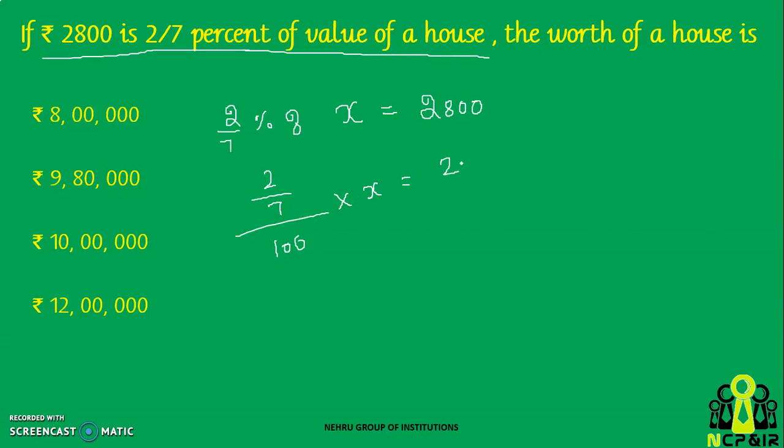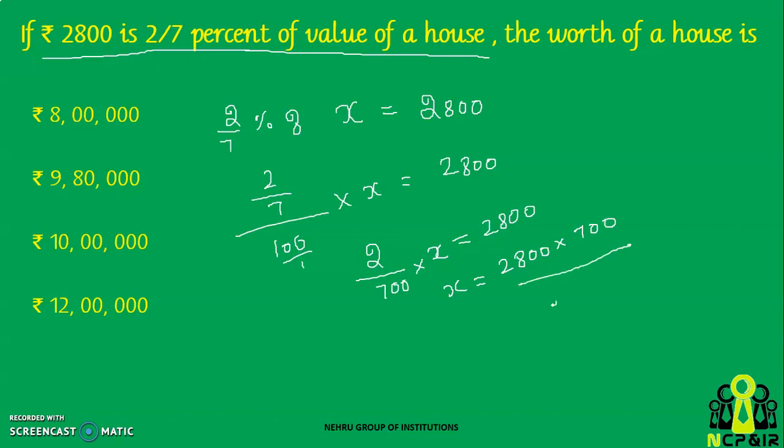equal to 2800. So this 100 by 1, when it goes to the numerator, it will become 2 by 700 into x will be equal to 2800. So x will be 2800 into 700 divided by 2. So you can eliminate this.